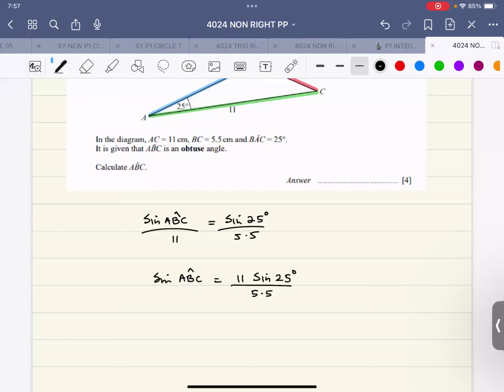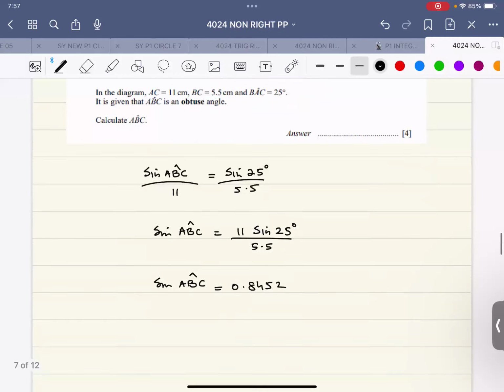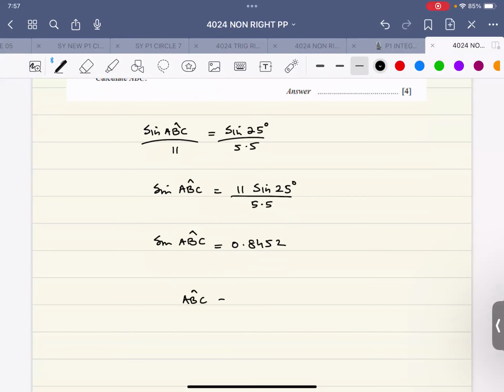Over here, I need to evaluate 2 multiplying with 25. This is sine into 2. This comes out to be 0.8452. This is sine of ABC. Therefore, ABC is sine inverse of 0.8452. Now the calculator will give me this answer, ABC, as 57.69.